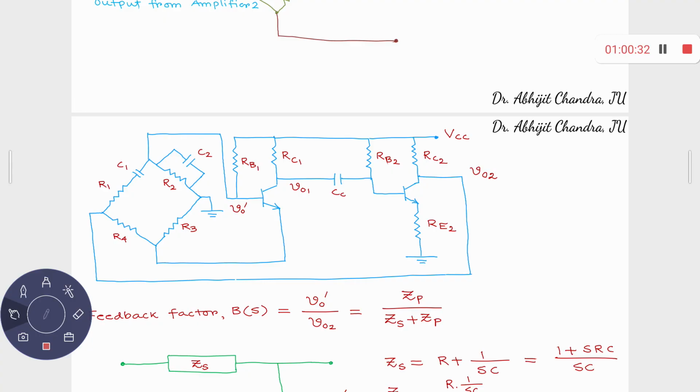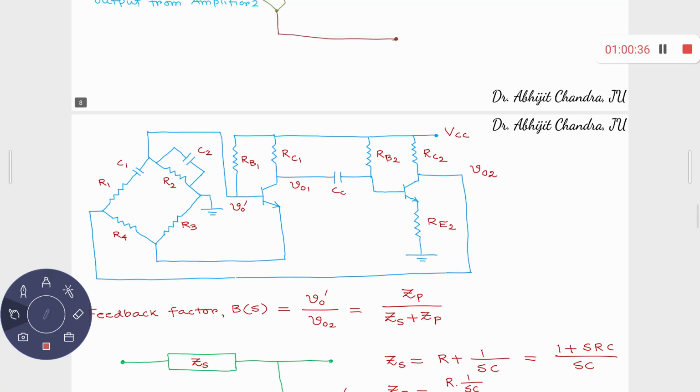Two stage common emitter amplifier. The first stage doesn't provide any local feedback, right? The second stage provides some feedback back to the input of the bridge circuit. So what is your feedback factor then?